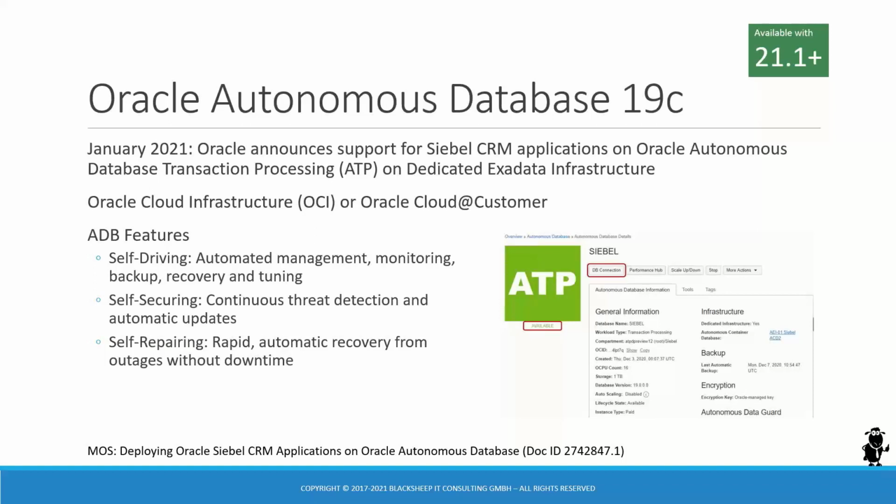So that's a name to remember. The acronym is ATP, for Autonomous Transaction Processing. So this is the transactional database type, but it has to run on dedicated Exadata infrastructure on a cloud managed system. So you can run it in OCI or you can run it in Oracle Cloud at Customer.